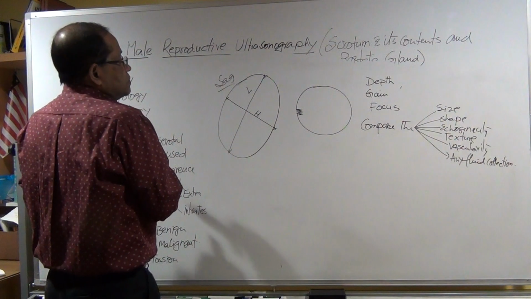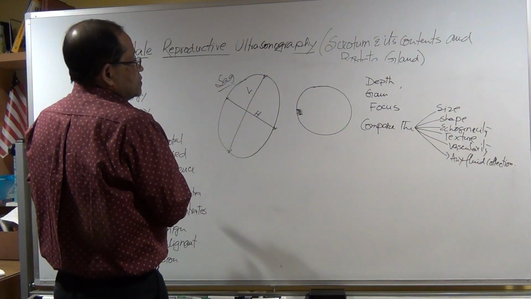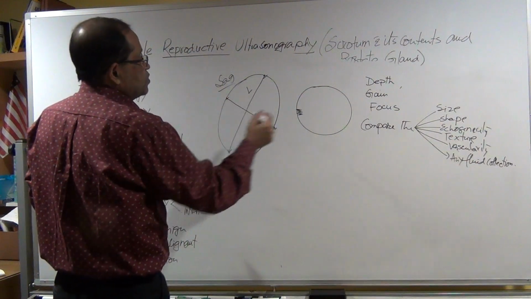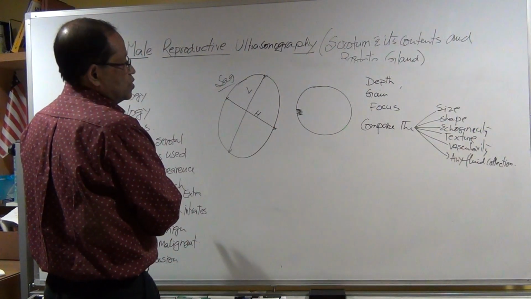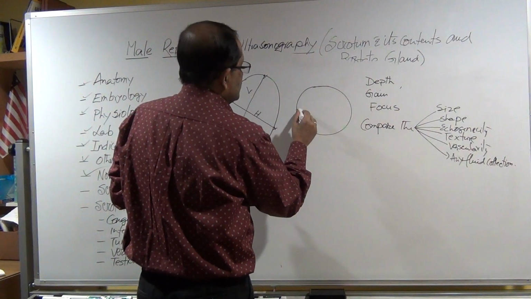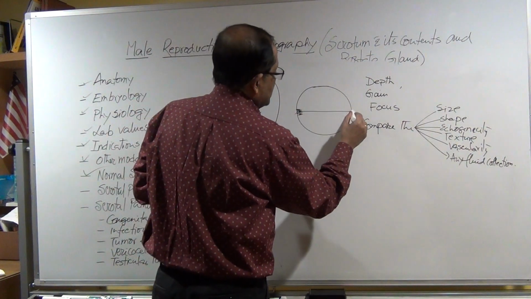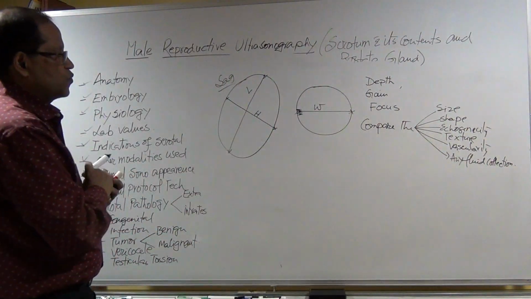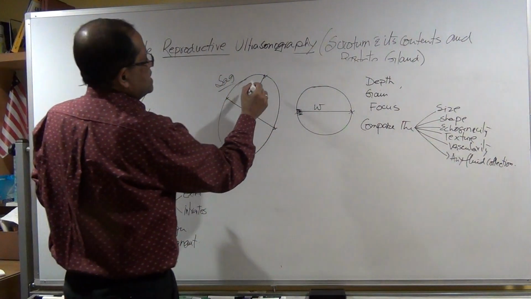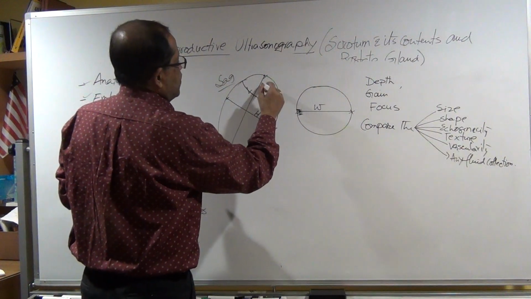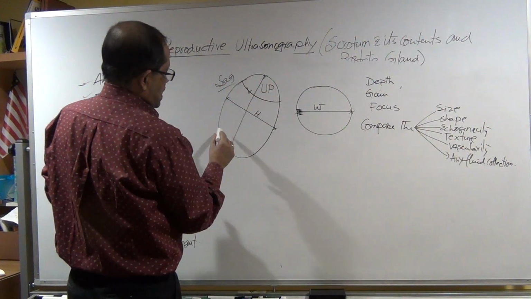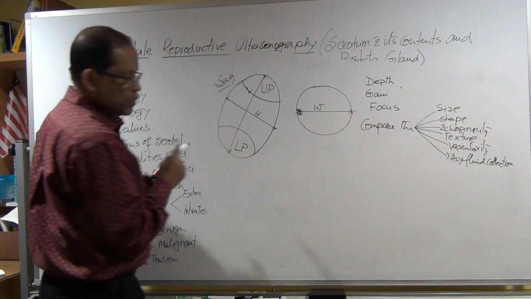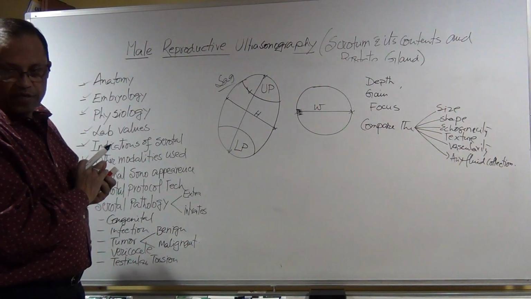So now this is sagittal view, this is transverse view. In transverse view, you have to measure diagonally here. So this is width, and this is upper pole, and this would be lower pole, right?